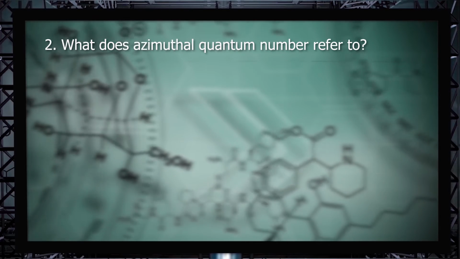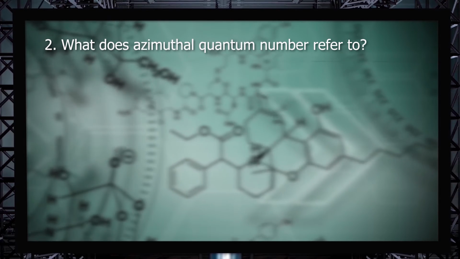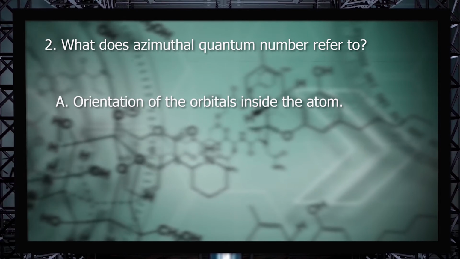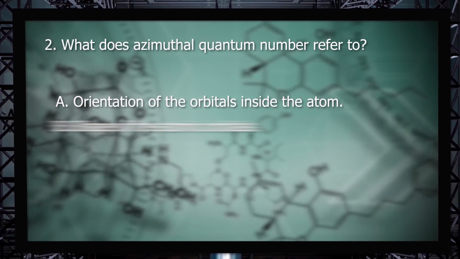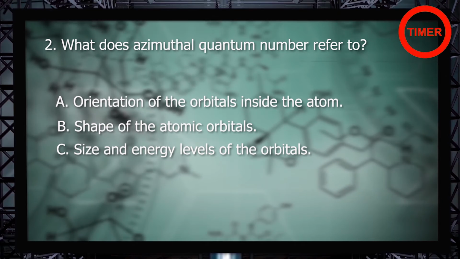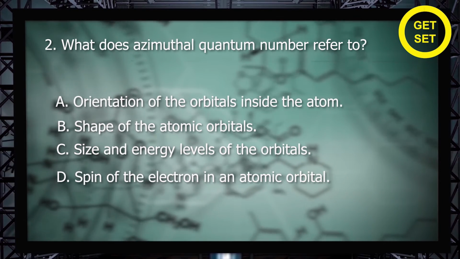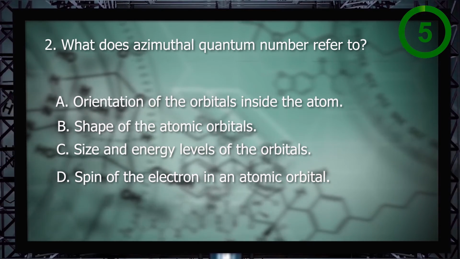Number 2. What does azimuthal quantum number refer to? A. Orientation of the orbitals inside the atom. B. Shape of the atomic orbitals. C. Size and energy levels of the orbitals. D. Spin of the electron in an atomic orbital.